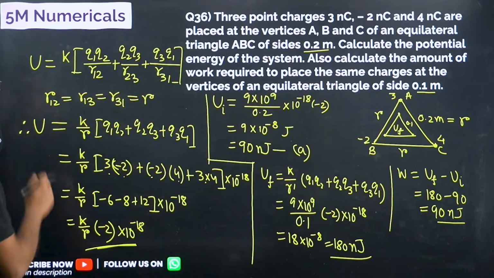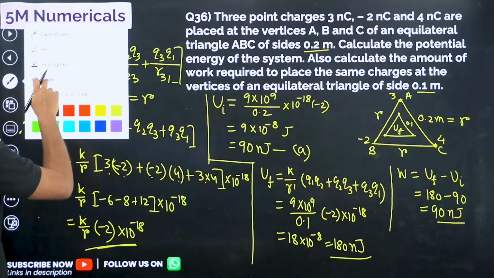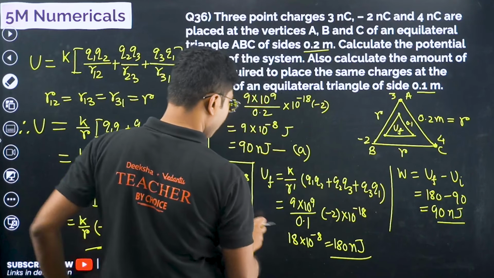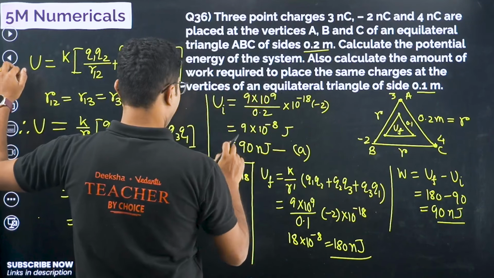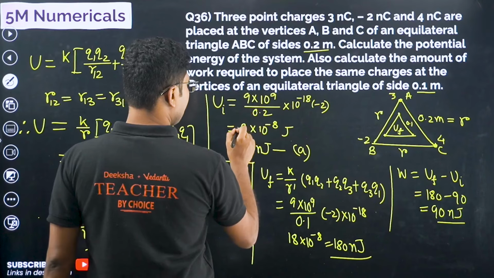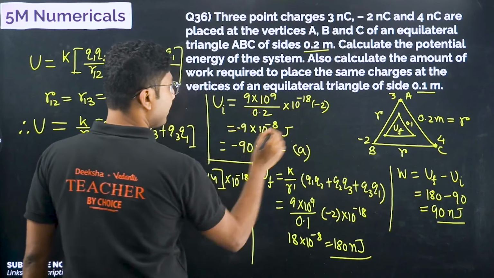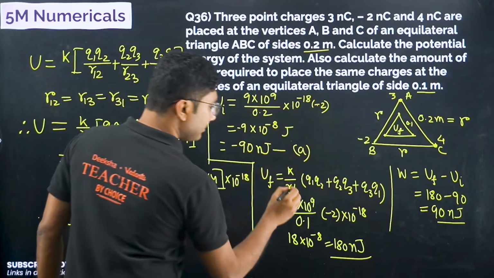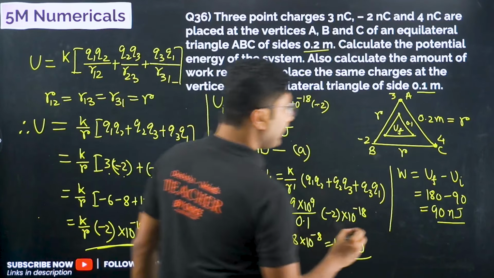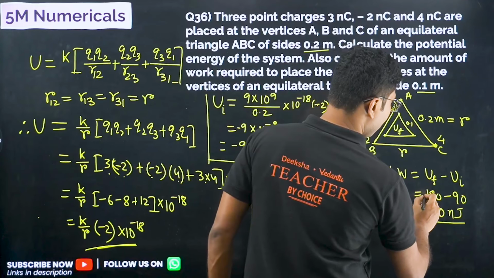And one more thing I missed, is that this will be a negative sign. There will be a negative sign. This negative sign I have missed. This negative sign was here. Similarly here as well there will be a negative sign, and this final result will also be negative.